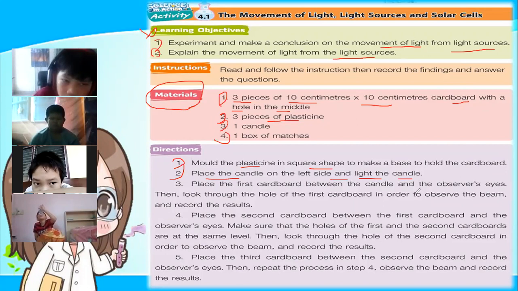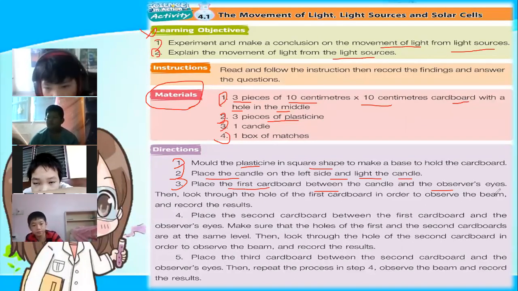Okay. Number 3, we have to place the first cardboard between the candle and the observer's eye. On one side we put the candle, in the middle we put one cardboard, and after the cardboard, on the right side, we are going to look.